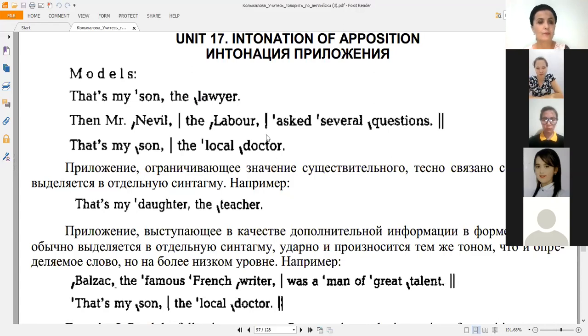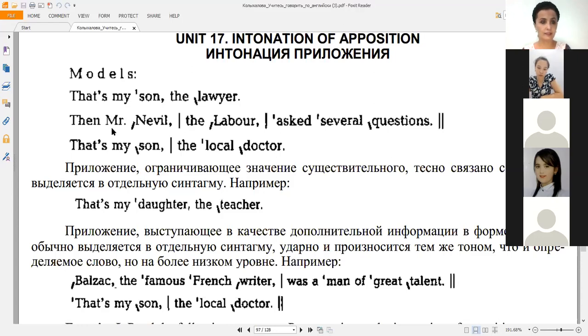Okay, thank you. And pay attention to the next example. Then Mr. Neville, the laborer, asked several questions. So here, how many separate intonation groups can you see? Two. One, two, three.